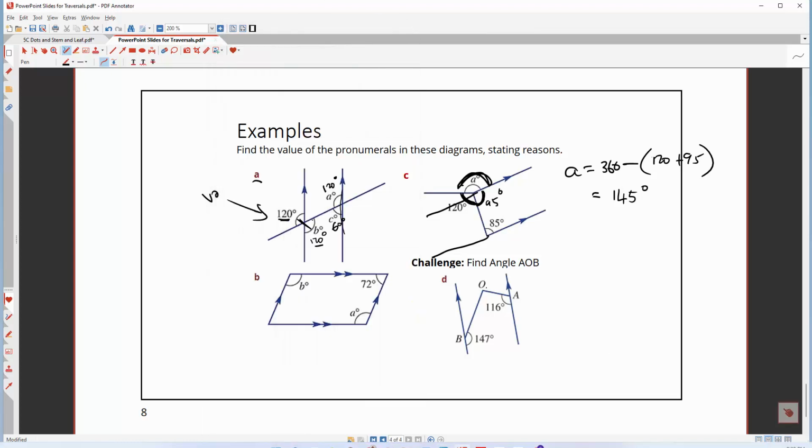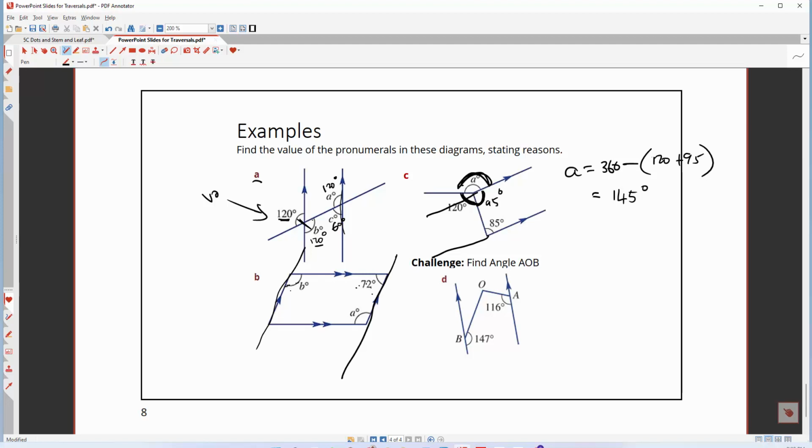Okay, now let's do this one here. So we can see that this is a parallelogram. What we'll do is just extend that out like so. We can see here that these are parallel lines and these are co-interior. Because they're co-interior, that and that need to add to 180 degrees.